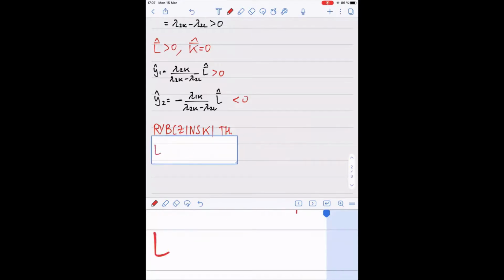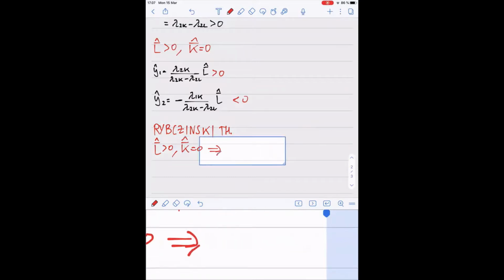If L bar hat is greater than 0 and K bar hat is equal to 0, the output of good 1 will increase and the output of good 2 will decrease.